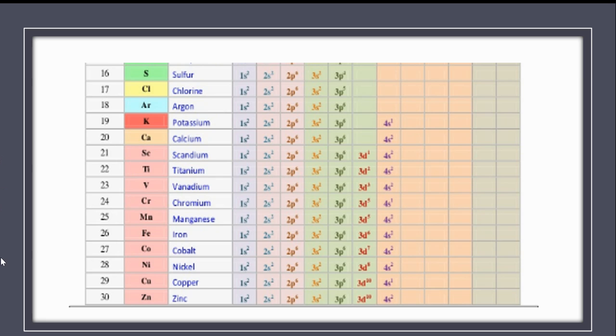Let us see the configuration of chromium, atomic number 24. While writing the configuration: 1s2, 2s2, 2p6, 3s2, 3p6, 3d5, 4s1. What we would expect is 4s2, 3d4, but here it is actually 4s1, 3d5.